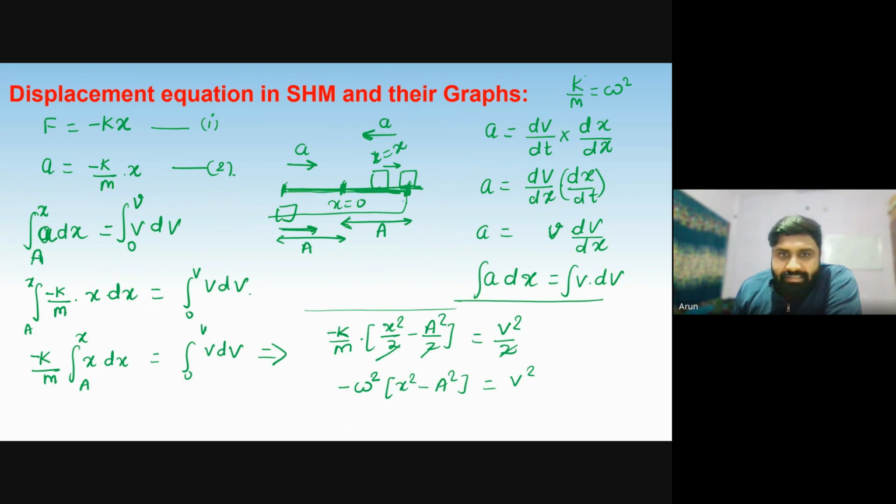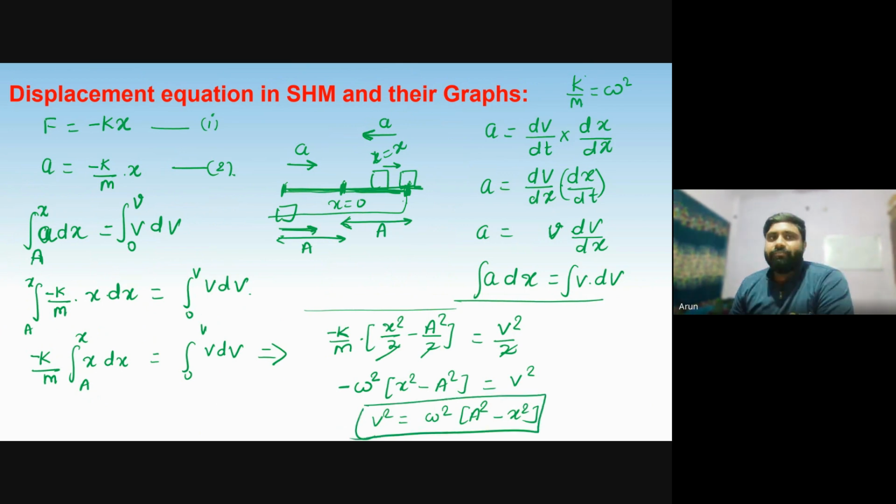So we can say that if we take the minus from here, this minus will cancel out. So it will become v square is equal to omega square times a square minus x square. So this is the second equation that we got.